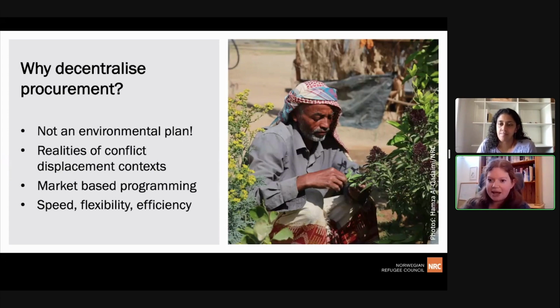NRC's mandate is very much conflict displacement. So the reality of the contexts we work in is that they are generally ongoing emergencies, long-term crises, and most of our country offices operate between 10 and 20 years.